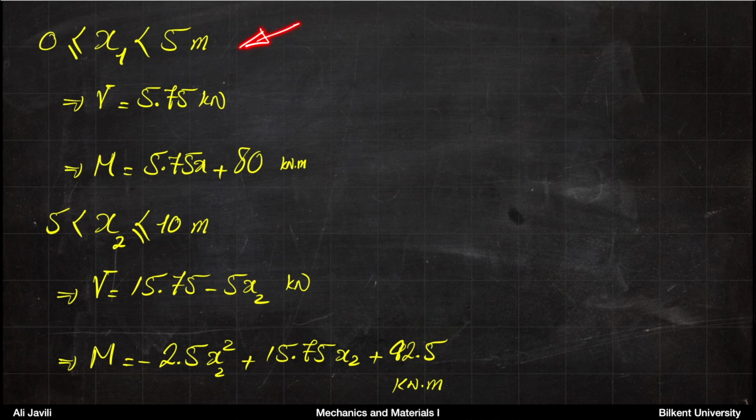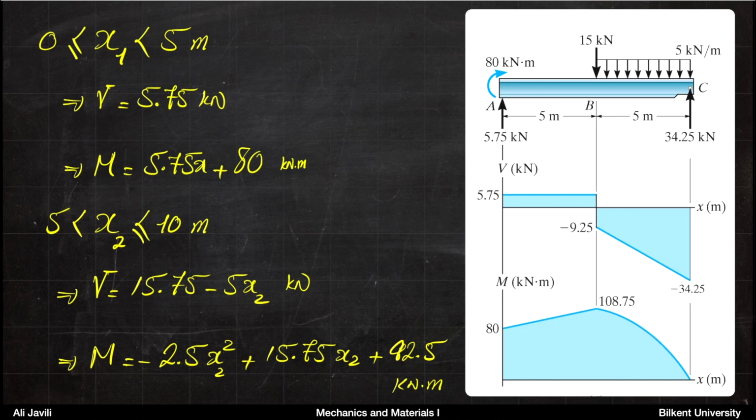So if x is between 0 and 5, then these are your equations for shear force and moment, and then again maybe you want to think of it as x1. And if x is between 5 and 10, then these are your equations. So once we have these, we can also plot the diagrams.